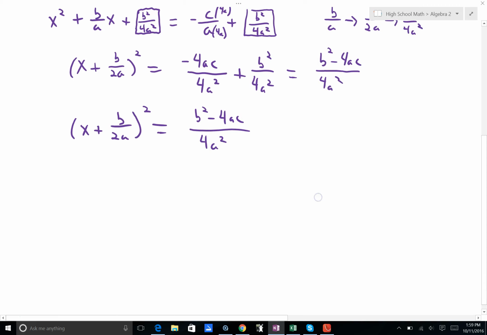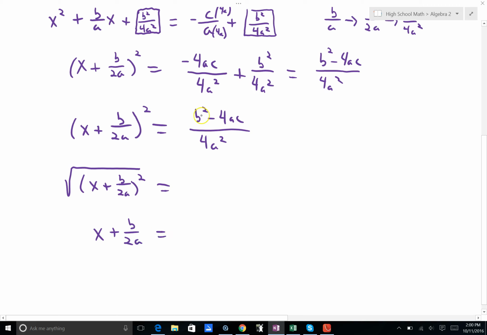Now I will take the square root of both sides. The square root of x plus b over 2a quantity squared: well, the square root would just cancel the squared. This binomial comes out, x plus b over 2a.